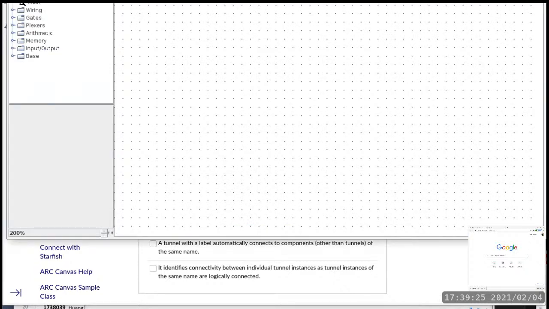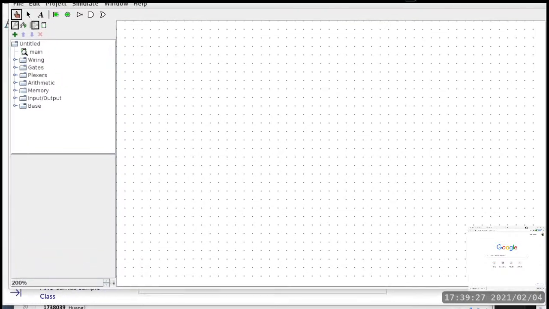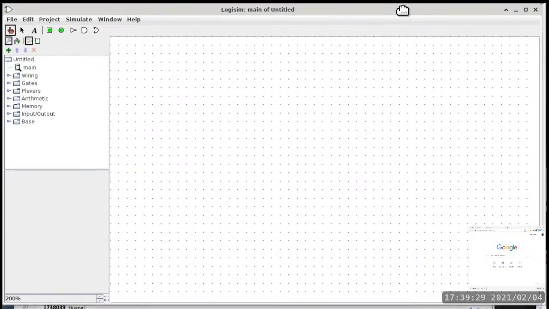We got Logisim, and I'm gonna move it into the part that you can see in OBS. My camera is off, because it picked up the wrong window, so you're not gonna see my face for the time being. I guess I can turn that on in Zoom, but I'm not going to do that.